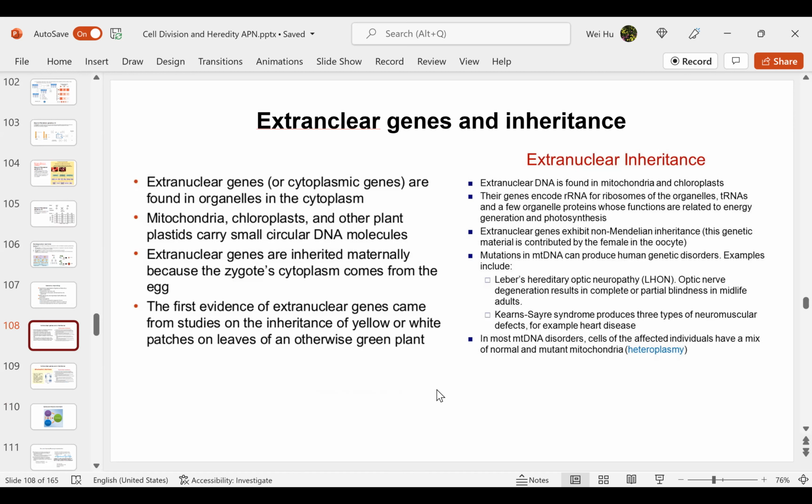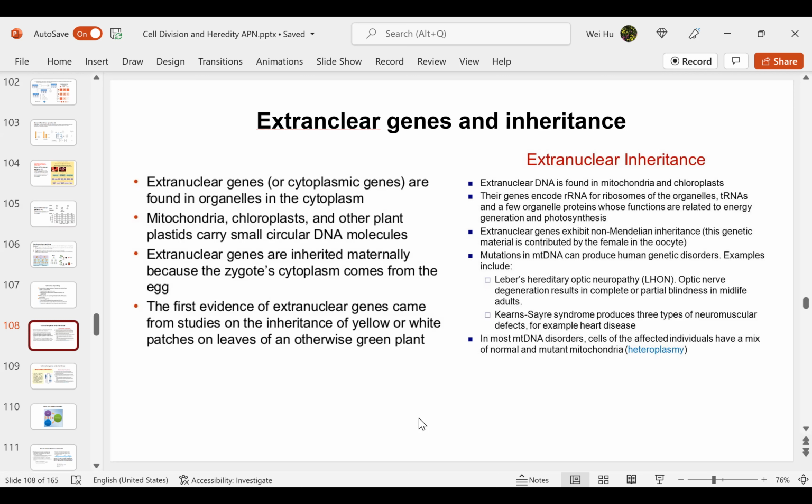Okay. Another thing is very interesting. When you are doing fertilization, the mother gave half the genetic material and also gave all of the cytoplasm. Your father only gave half of the DNA. So what's the consequence?